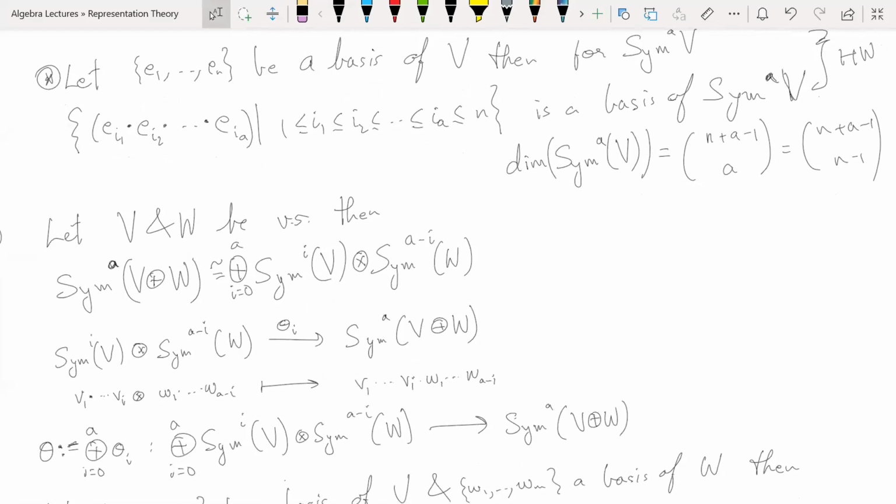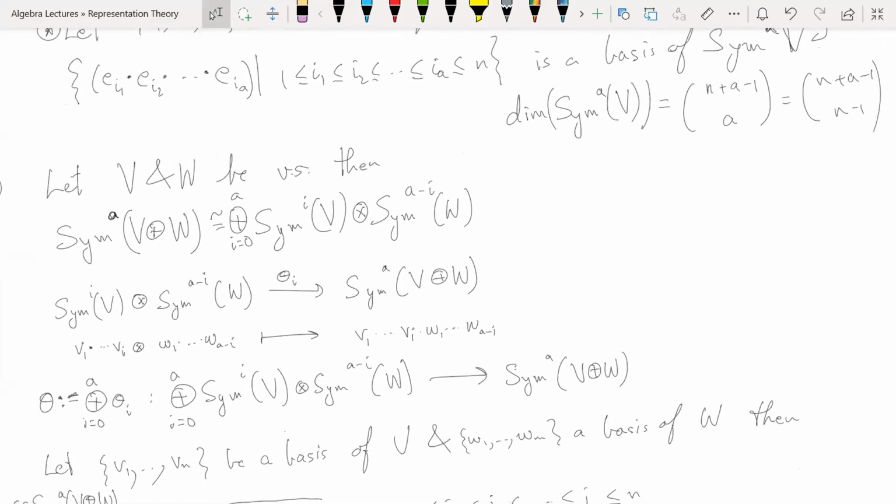And if V and W are two vector spaces, then Sym^A of V plus W splits into a symmetric thing in this way. It is isomorphic to the direct sum over i equals 0 to A of Sym^i V tensor Sym^{A-i} W. Maybe one can write this more explicitly.